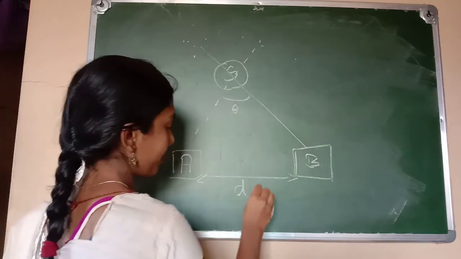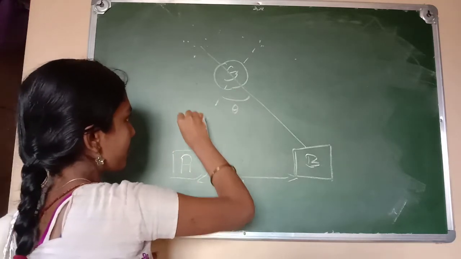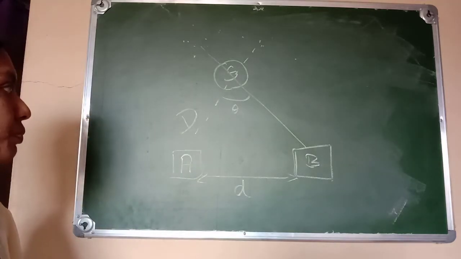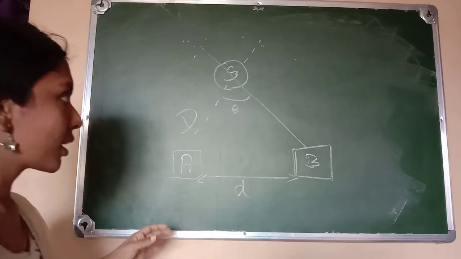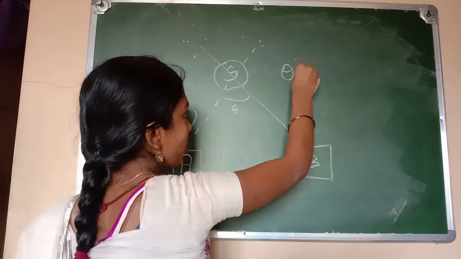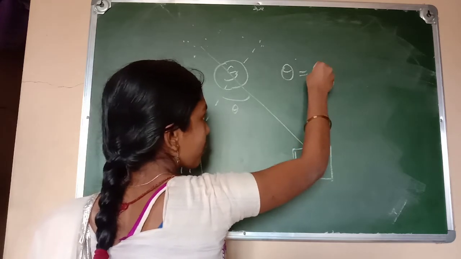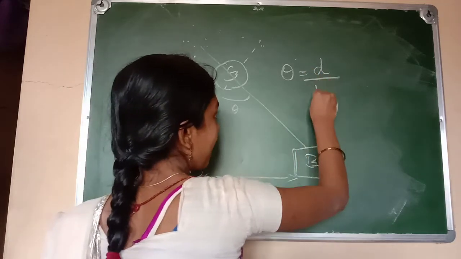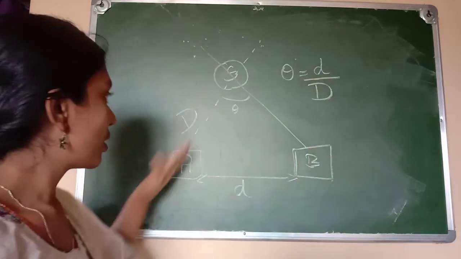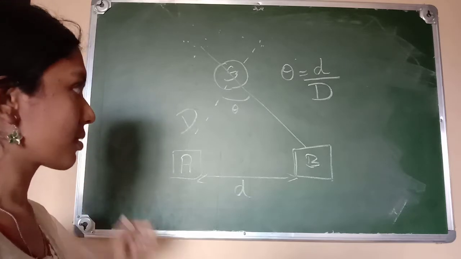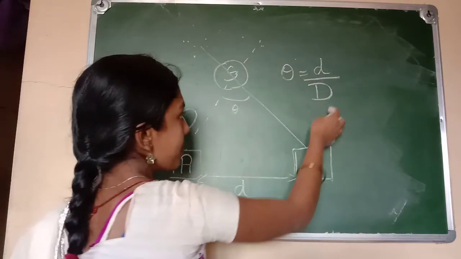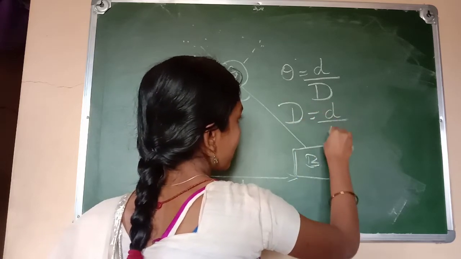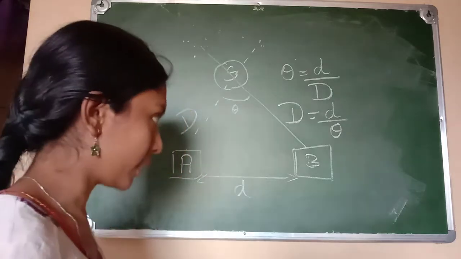So let us say d, and this distance be the capital D. So as I said earlier, the planar formula was theta equals the length of the arc, here the distance between the observatories, divided by the length of the radius, that is the distance from the star. So theta can be measured, d can be measured, so the capital D would be d by theta.